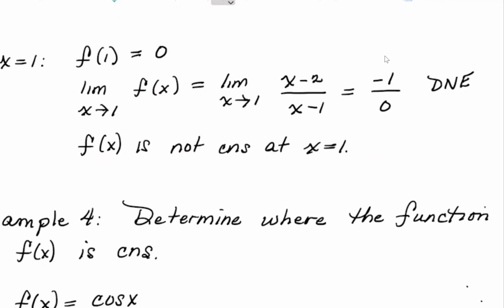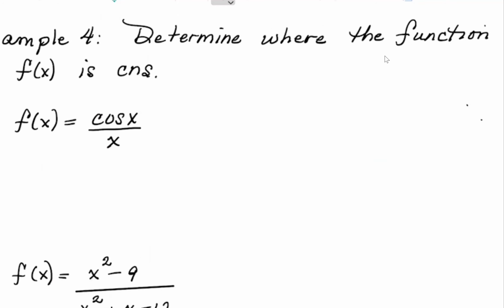So in example 4, we need to determine where the function f of x is continuous. So we're going to look at values that make the denominator 0. So for us, we can see that the denominator is 0 when x is equal to 0. So f of 0 does not exist.